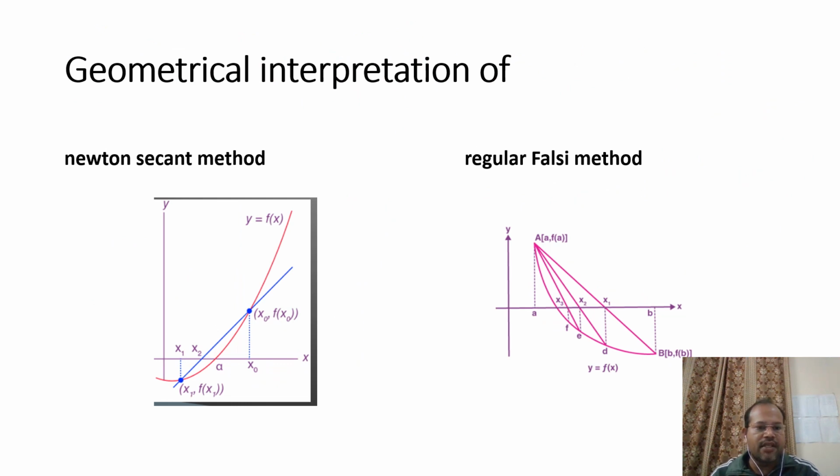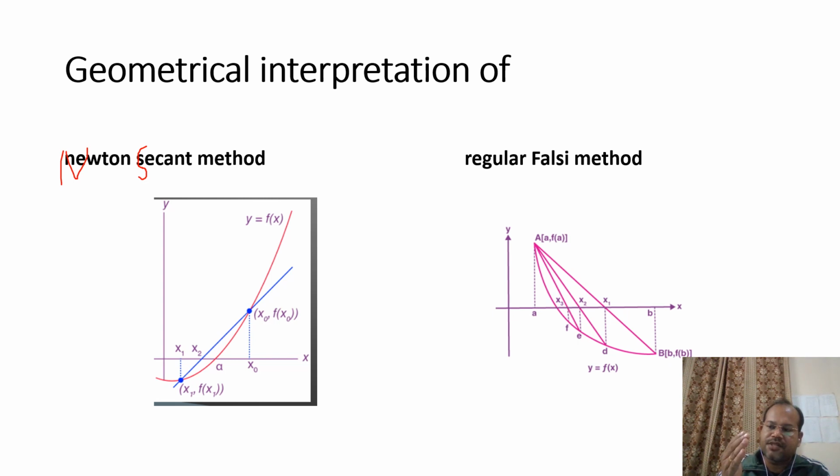So this is the geometrical interpretation of Newton's method. Similarly, you can find the geometrical interpretation of Newton's second method and regula falsi. In Newton's second method, what do we do? We take two initial approximations x naught and x1 and their corresponding values f(x naught) and f(x1), then we join these two points by a line and find the intersection with the x-axis.